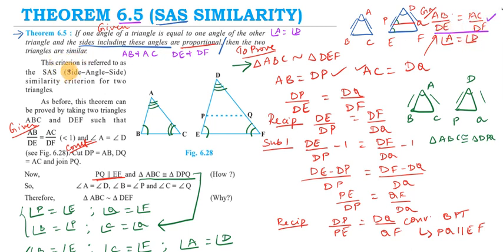So this criterion is referred to as what? Side angle side similarity criterion for two triangles. Now, as we did in the previous theorem, here also we are taking two triangles ABC and DEF. We are given this data and this data.